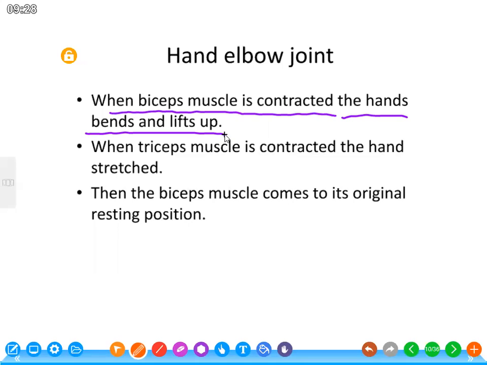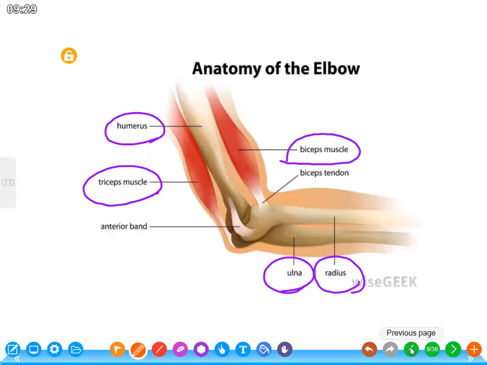When the triceps muscle is contracted, the hand stretches.